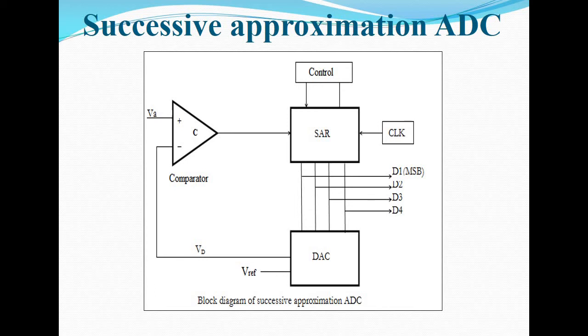You know how to convert a binary value into a decimal value. Suppose the binary value is 1010.